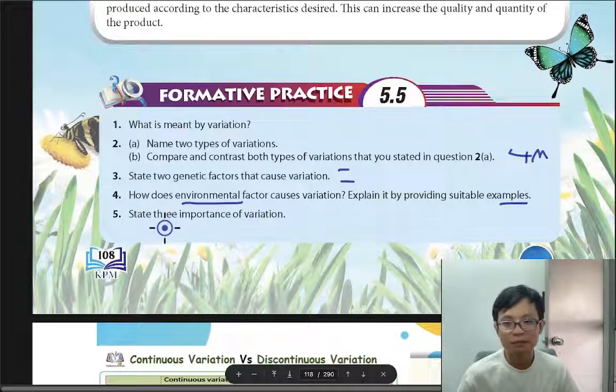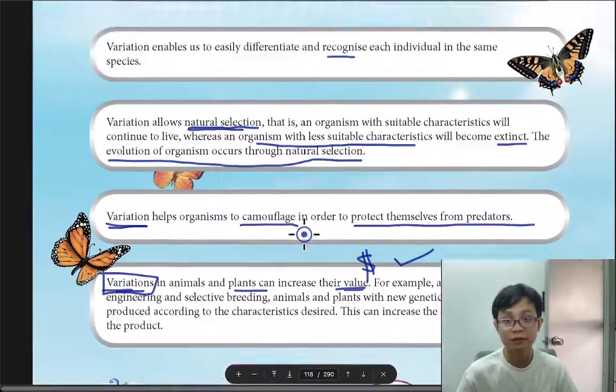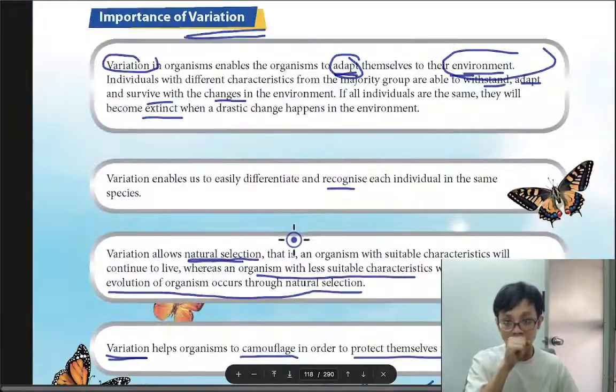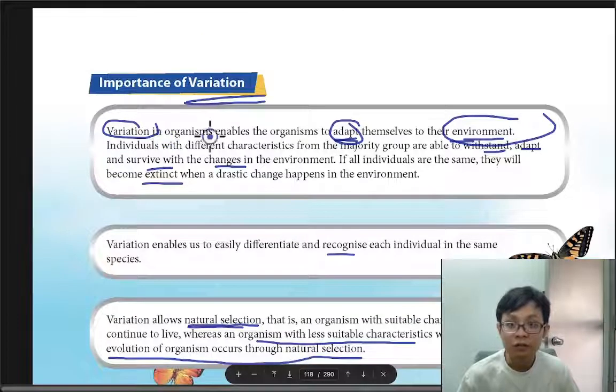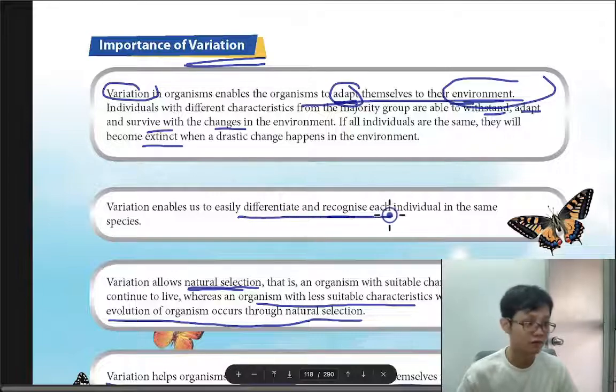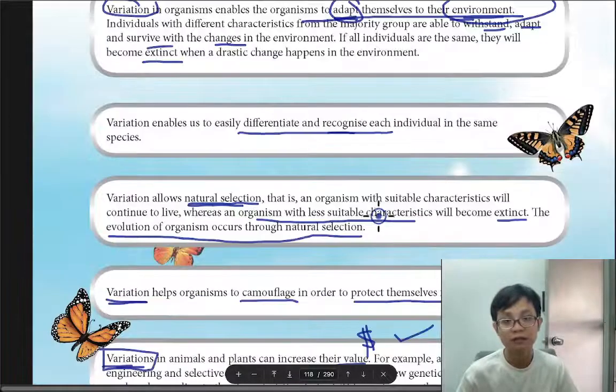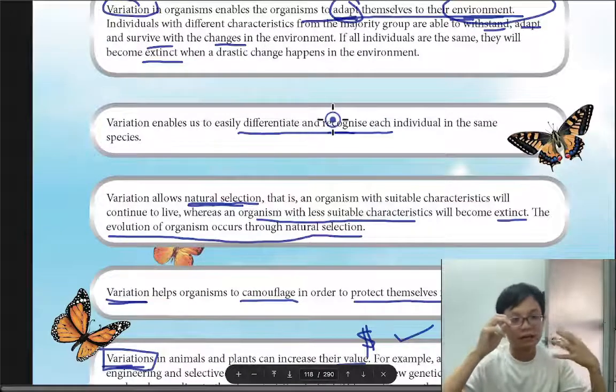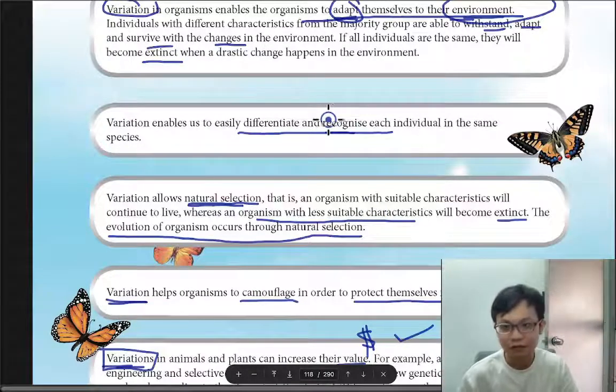State 3 importance of variation. So why is variation important? 3. Okay, so maybe you can say it helps them adapt to the environment. It causes differences and recognition of each individual, meaning not the same face, lah, so that everyone will recognize you.